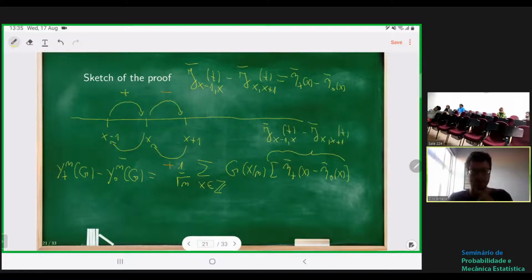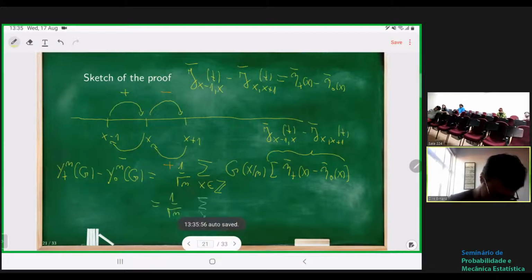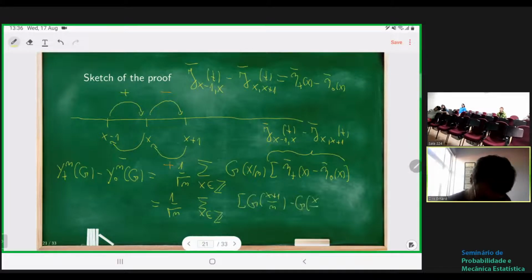And then you do a summation by parts. Essentially you shift the derivative, this discrete derivative, to the function g. So you get g of x plus 1 divided by n minus g of x divided by n, times j bar of x, x plus 1 of t.